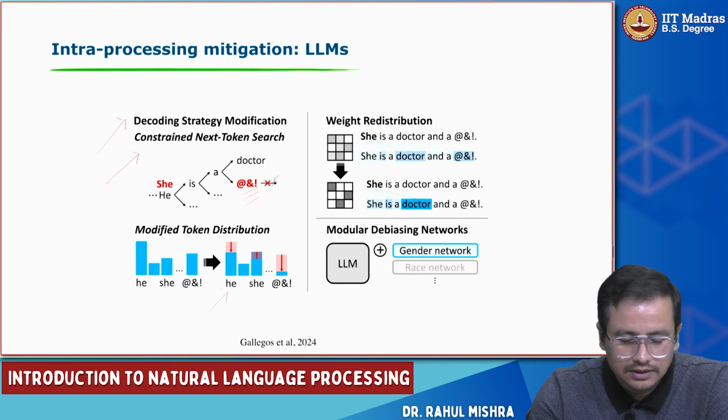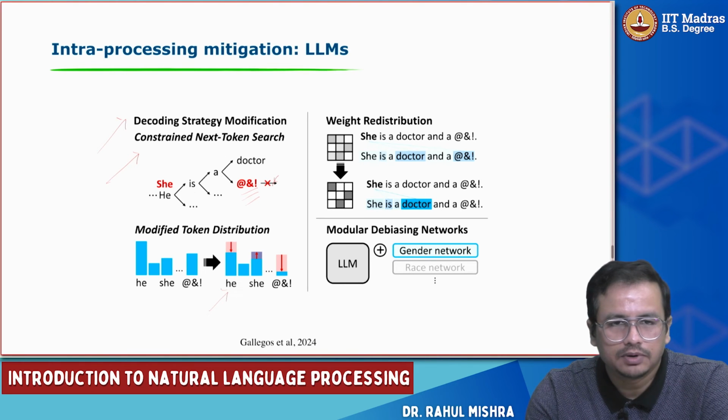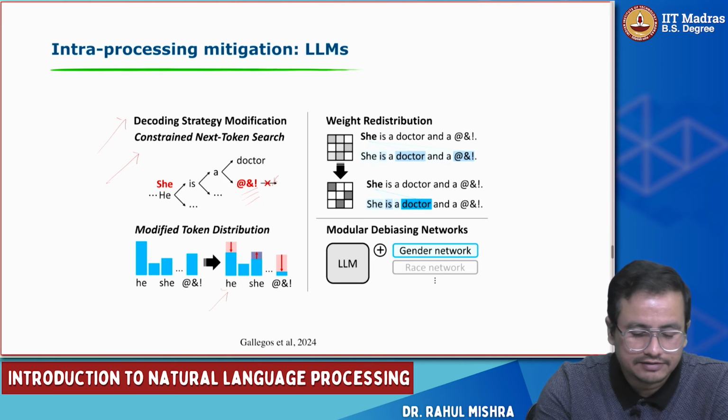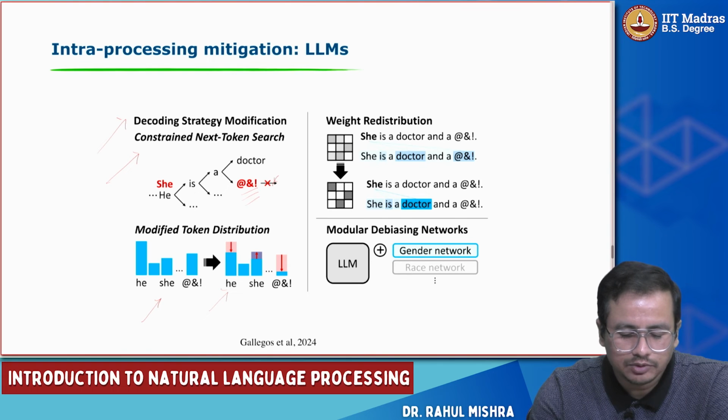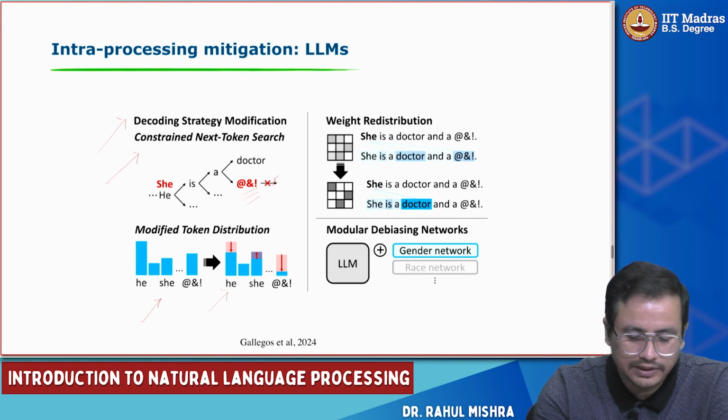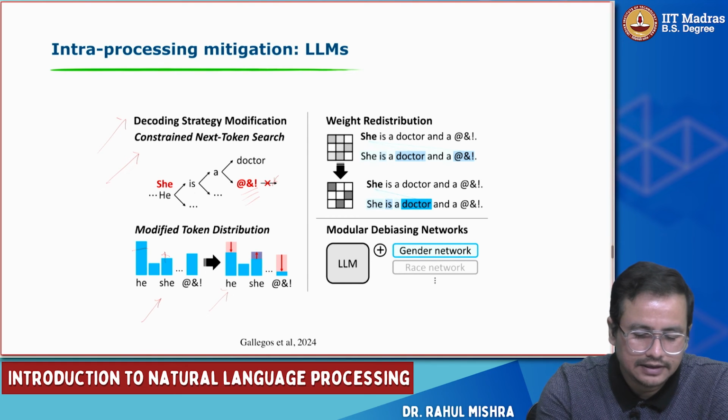On top of that, there are other methods which researchers have proposed, which is modified token distribution. So let's say the distribution of the next word is he, she, and then this curse word. You might want to modify it so that it neutralizes a bit, right? You might want to give less weight here and a bit more weight here. So more probability here, less probability here.